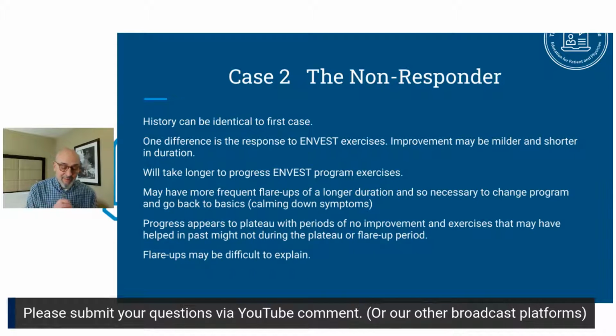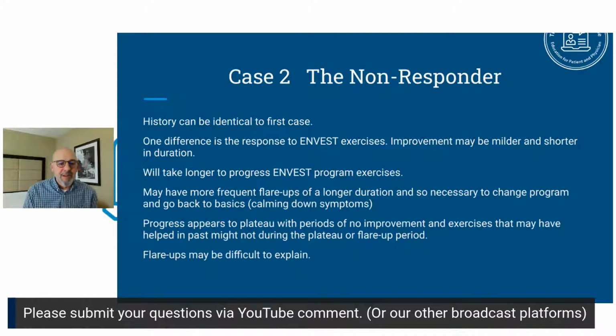So when they have these flare-ups, it's necessary to back up on the program and go back to basics again. Because now if they're flared up, they're more like a beginning patient, even though they've done some of the advanced exercises. You have to calm things down again. So we take a step back, focus on relaxation, calming the nervous system, diaphragmatic breathing.